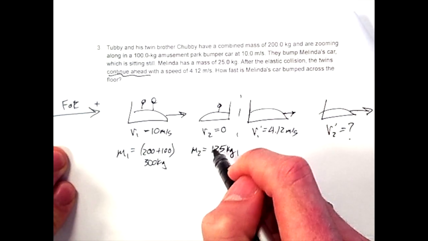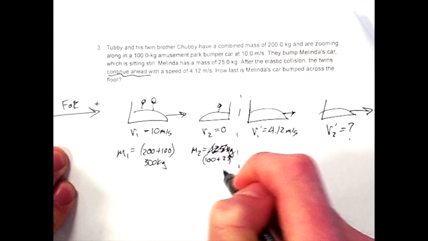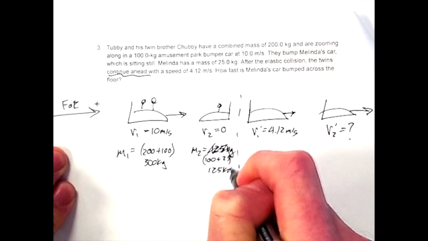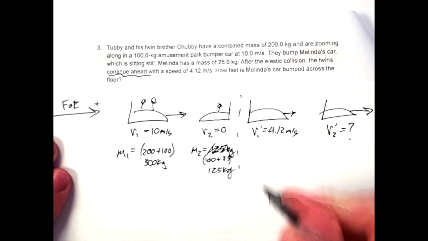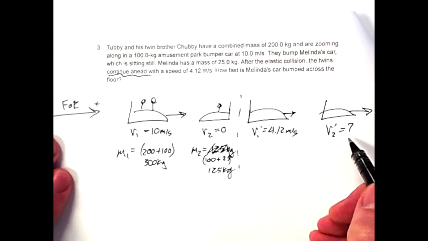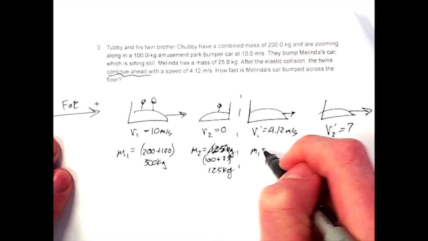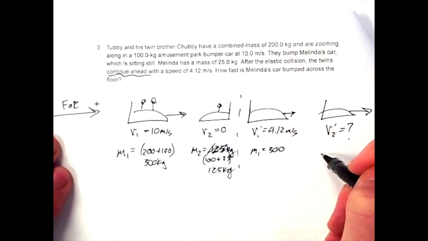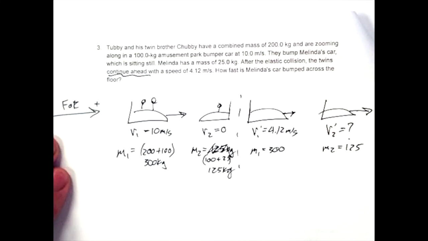Careful, it's already in: 100 plus 25 is 125. Yep, I just didn't write it the same. There was my mistake. Her total mass is 125. Their total mass is 300. On this side, they stay the same, so no one jumps off or anything. But just because there's such confusion, I like to rewrite it. M1 is 300. M2 is 125. Before and after.